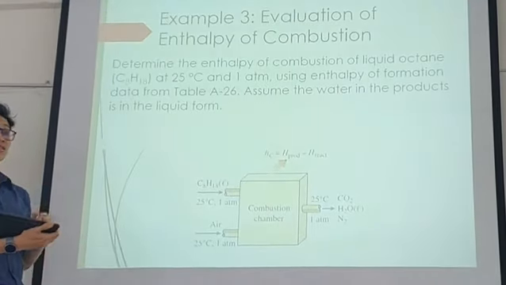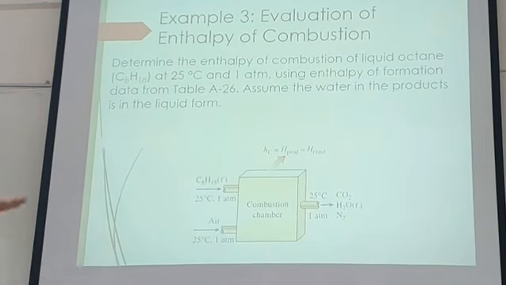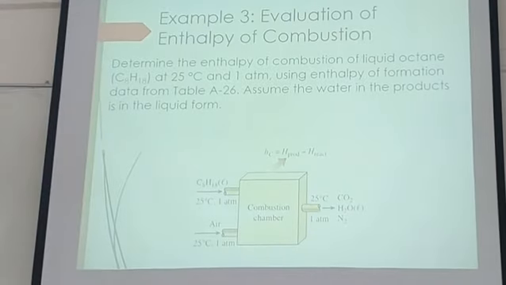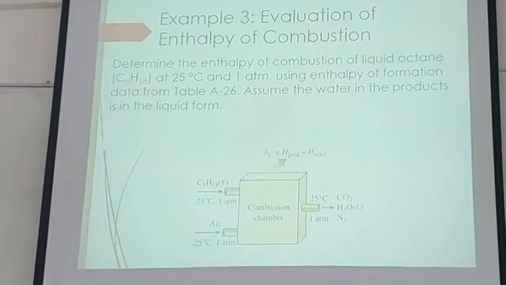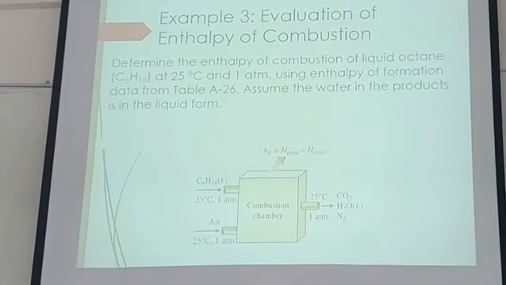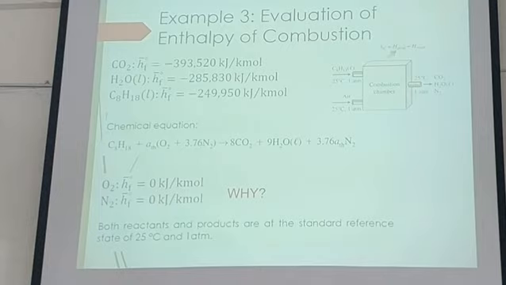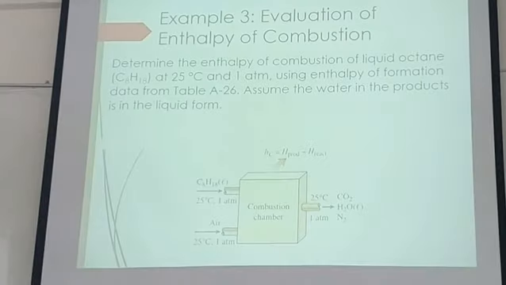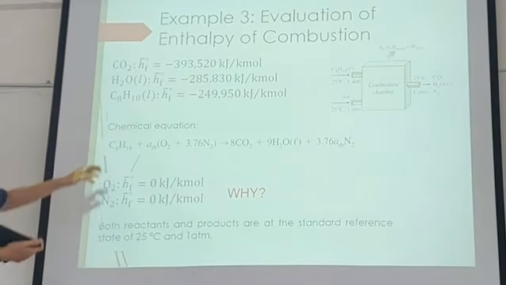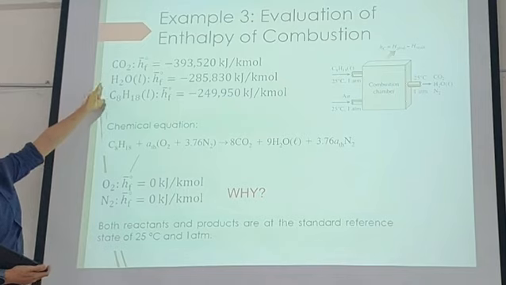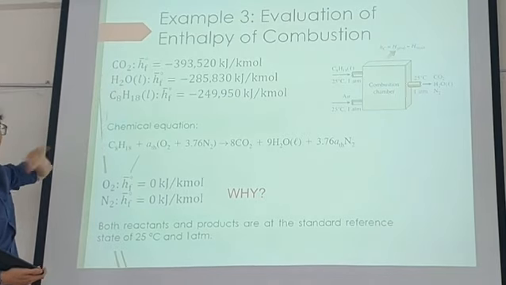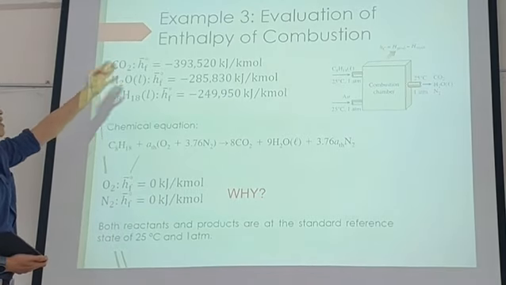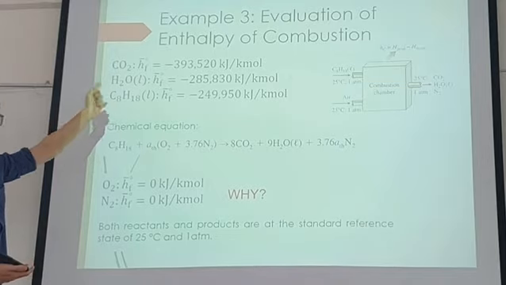So what you need to do is start off by calculating the actual amount of everything first. What do I mean by that? Now, we just take the values from table A26. So CO2 is that value, H2O is that value in liquid form.